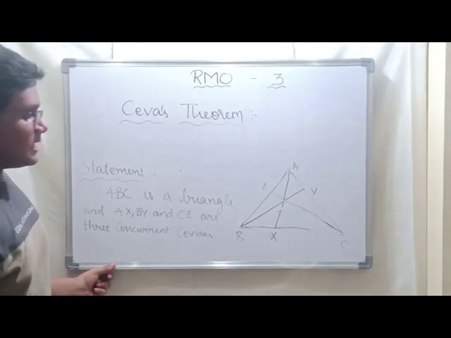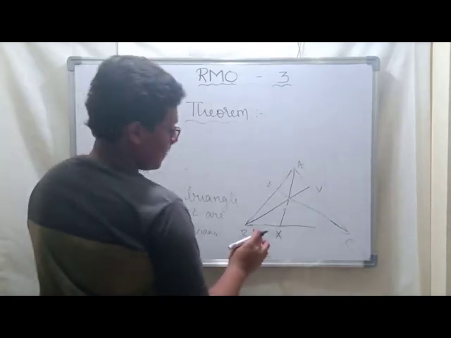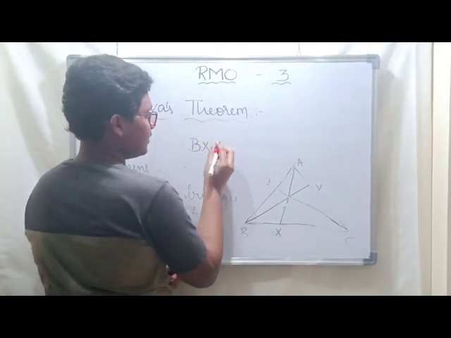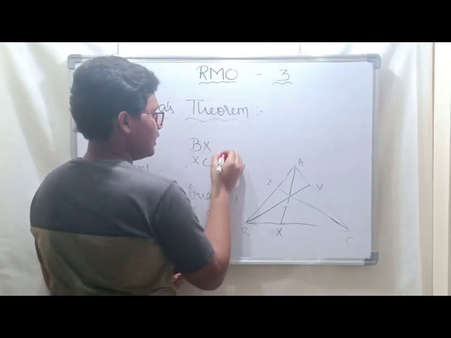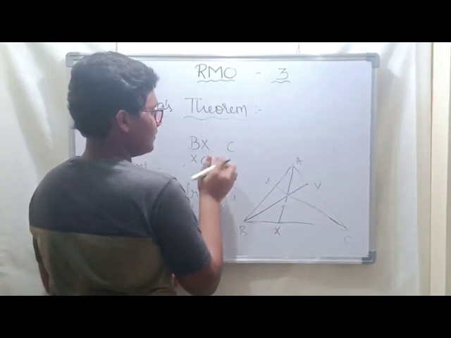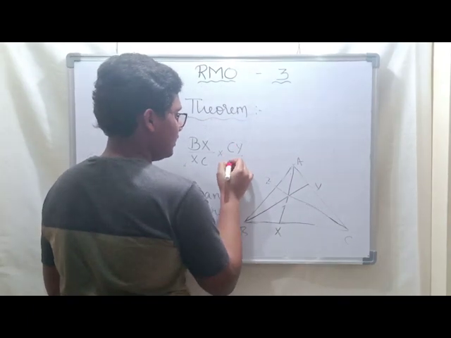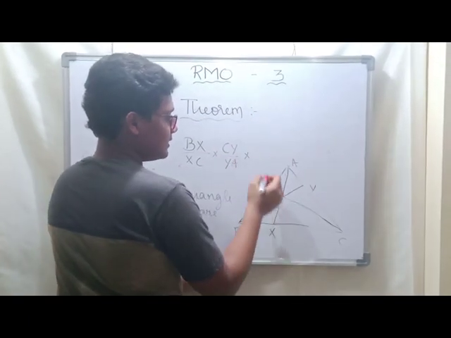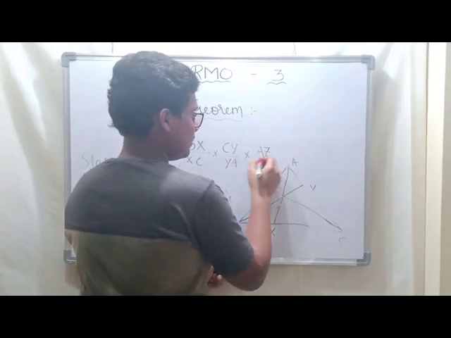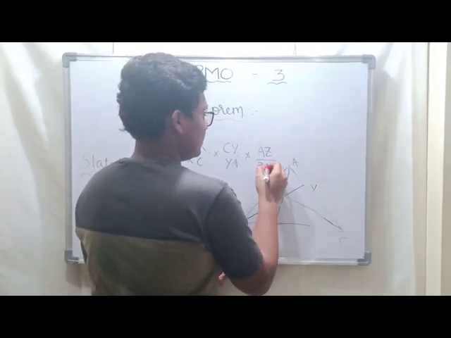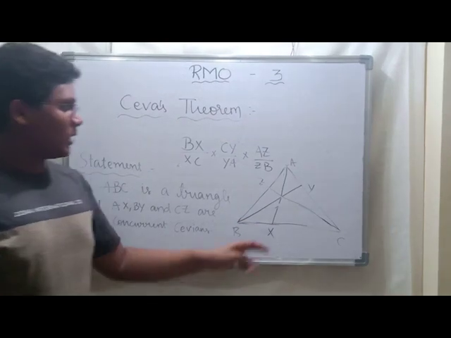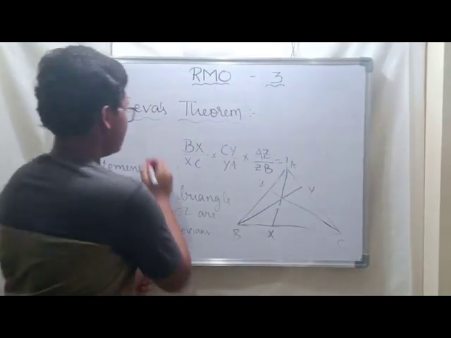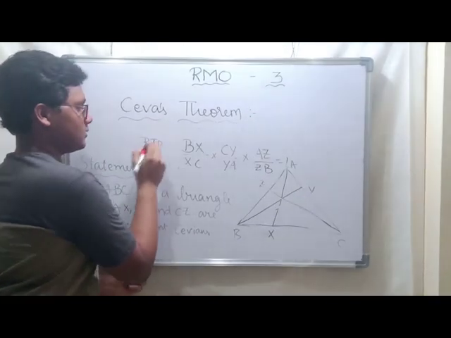In Ceva's theorem, we need to prove that BX by XC into CY by YA into AZ by ZB is equal to 1. This is RTP. We need to prove this.